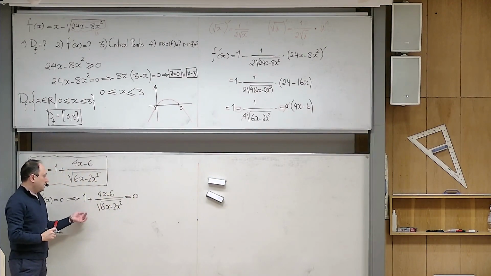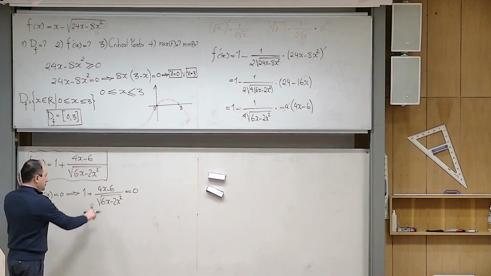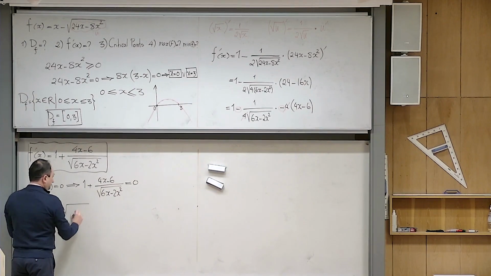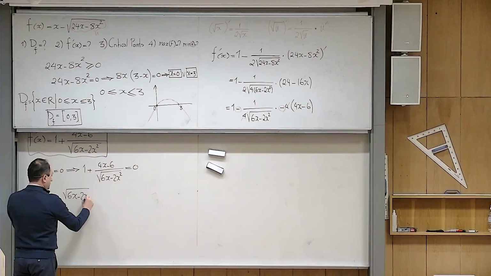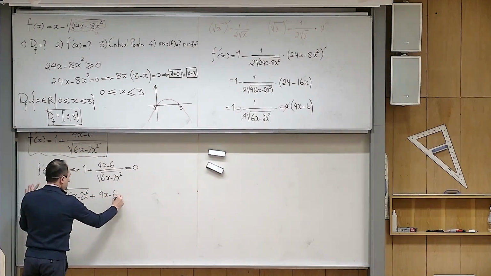So usually I prefer to get rid of fractions. So I multiply everything by this square root. This one becomes this square root, and this square root will cancel that one, so I will be left here. So I multiply everything by this expression. So this becomes the square root of 6x minus 2x squared plus 4x minus 6 equals 0.